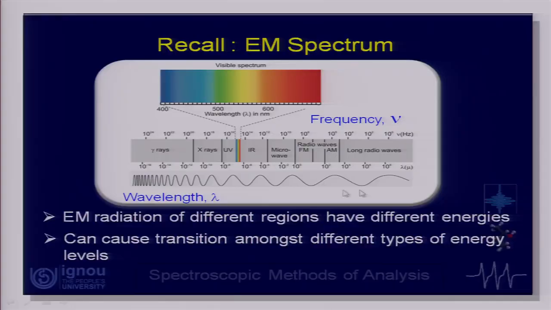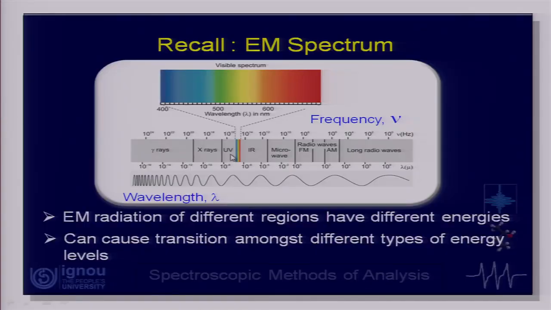Say I am taking radiation from the microwave region. The energy is a small amount, and it can only cause excitation into the rotational energy levels. It cannot really disturb the vibrational or electronic energy levels of the molecules. Whereas, if I come to radiation in the IR region, it has energy sufficient to cause vibrational transitions.